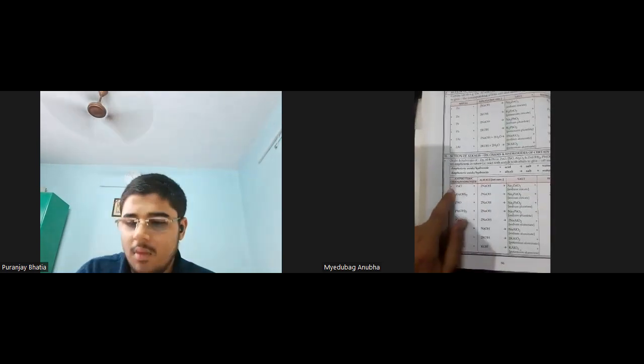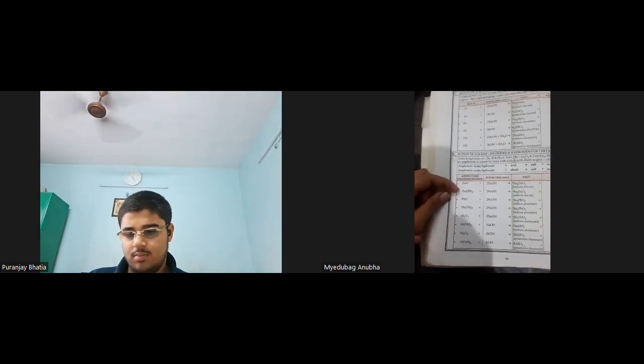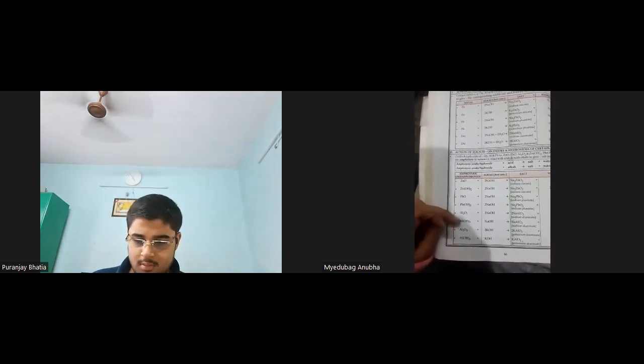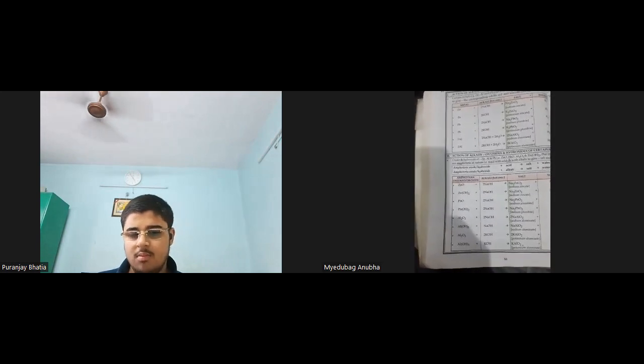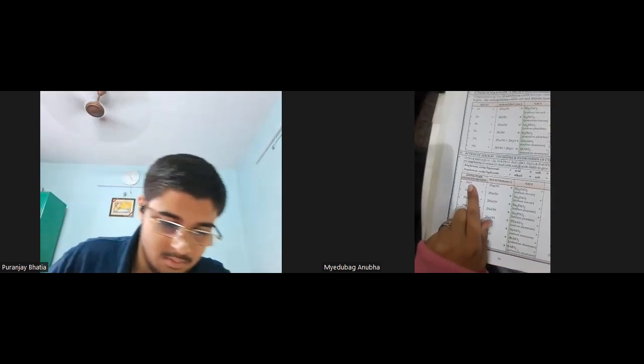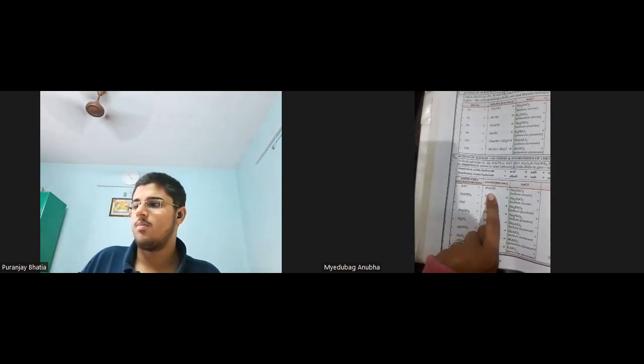You have been given both cases: zinc with oxide and hydroxide, lead with oxide and hydroxide, and aluminium with oxide and hydroxide. Not all metals and elements have amphoteric nature, only some of them. The first case is zinc oxide. When it reacts with NaOH, there is no displacement reaction.